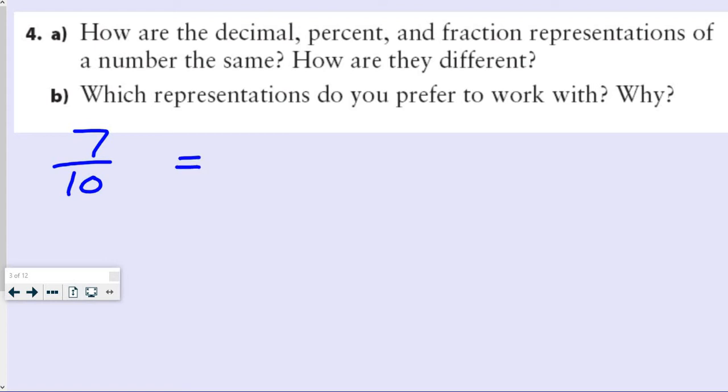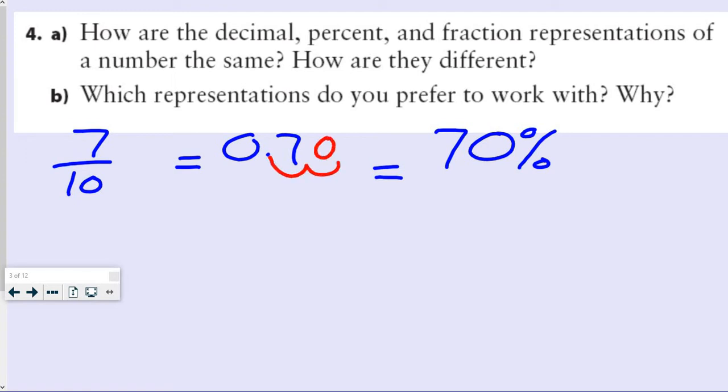That would equal, because again, the line means divide, 0.7 as a decimal, which also equals 70%, because when we multiply it by 100, or move the decimal places 2 times, we get 70%. So they're the same amount, but they look very different depending on what you're trying to represent.